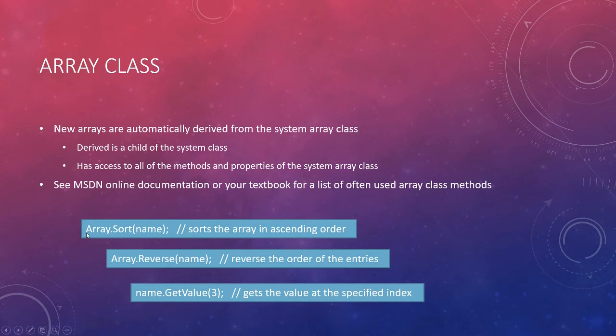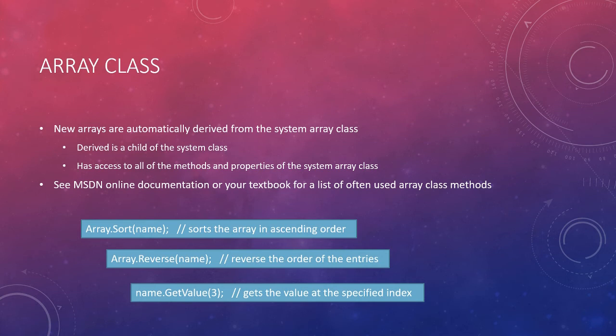We can do Array, meaning the system array class. We can call the sort method and pass in our name array, and that would sort that array in ascending order. We could also do Array.Reverse and pass in the name of our array, and that method would reverse the order of those entries.